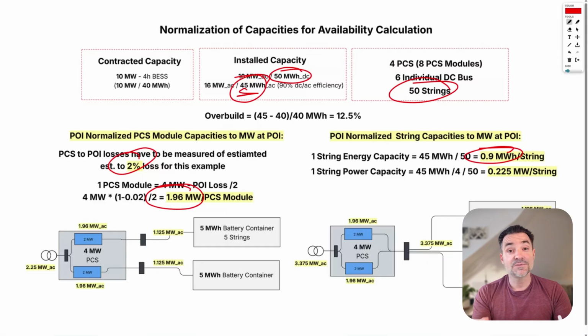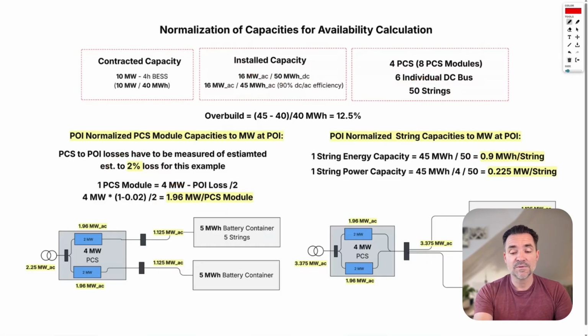Then we need to convert that to megawatt. So we need to figure out the megawatt equivalent of that 0.9 megawatt hour string. This is a 4-hour system. The nameplate is 10 megawatt, 40 megawatt hour. So we're going to assume that the C rate is 0.25. We're going to assume that, running at nameplate capacity, that string can run up to 0.225 megawatts at the POI.